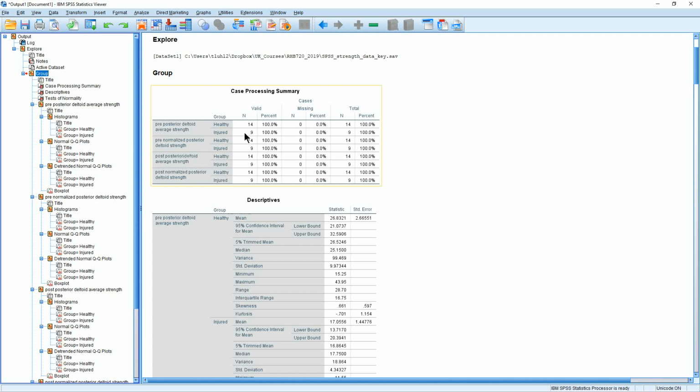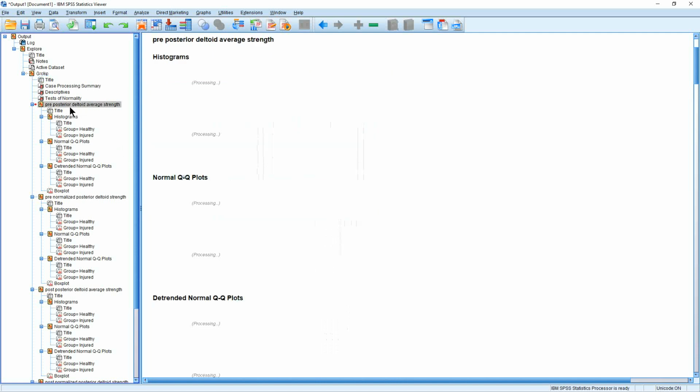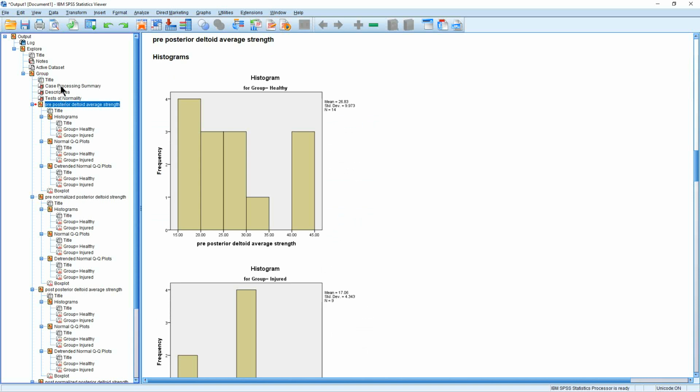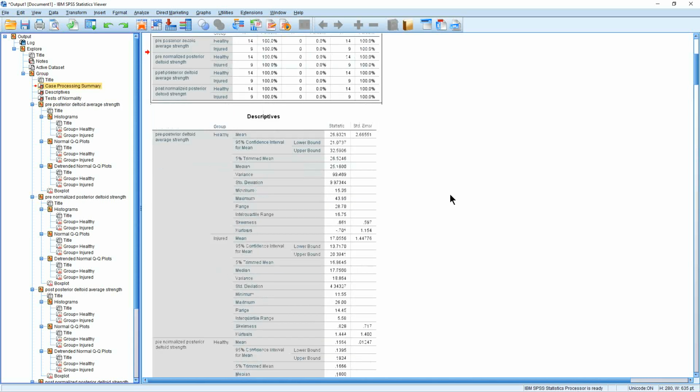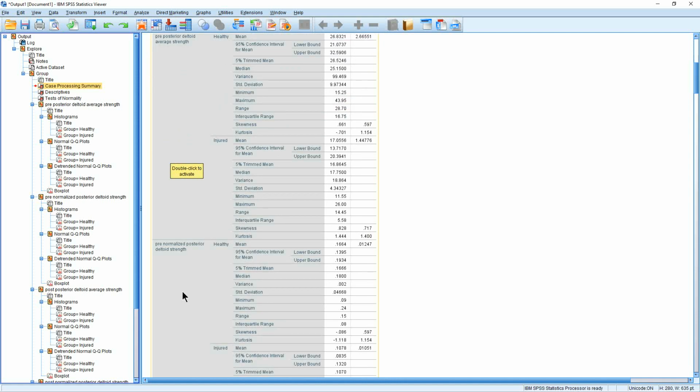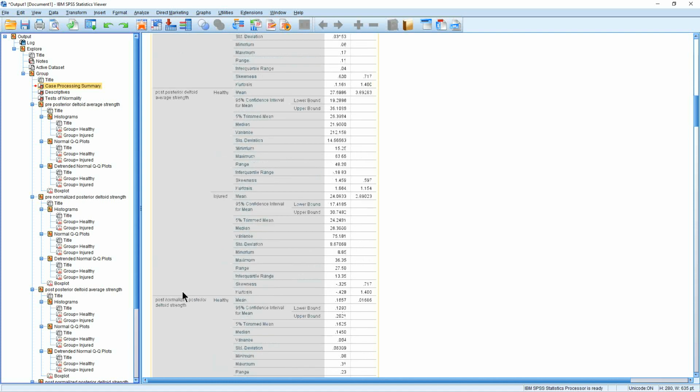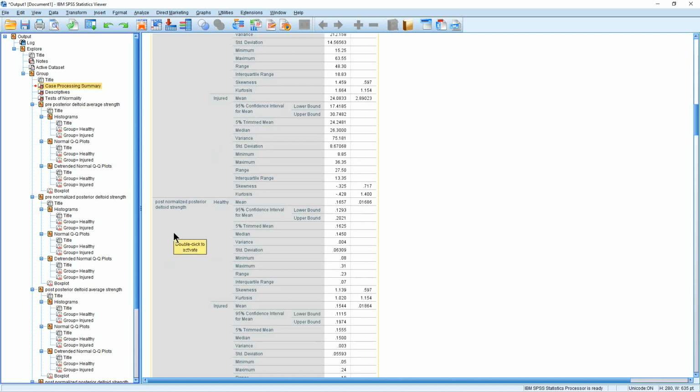I had 14 in the healthy, 9 in the injured, and then it goes through the descriptives. This is the pre-posterior deltoid average, the pre-normalized posterior strength, the post, and the post-normalized.